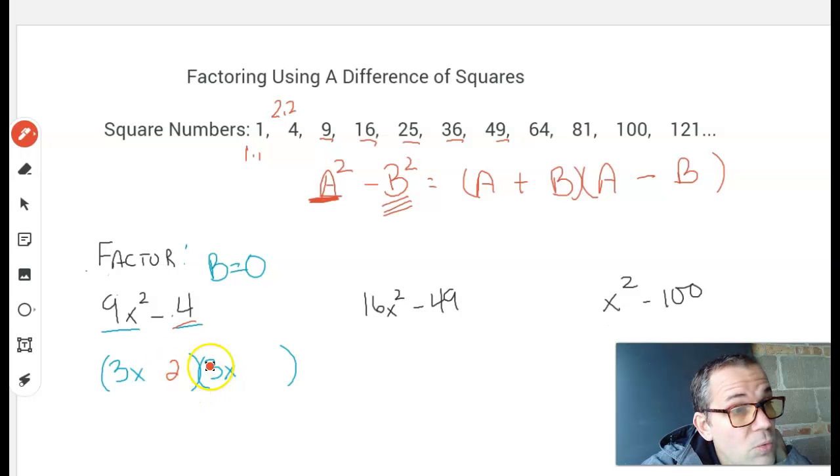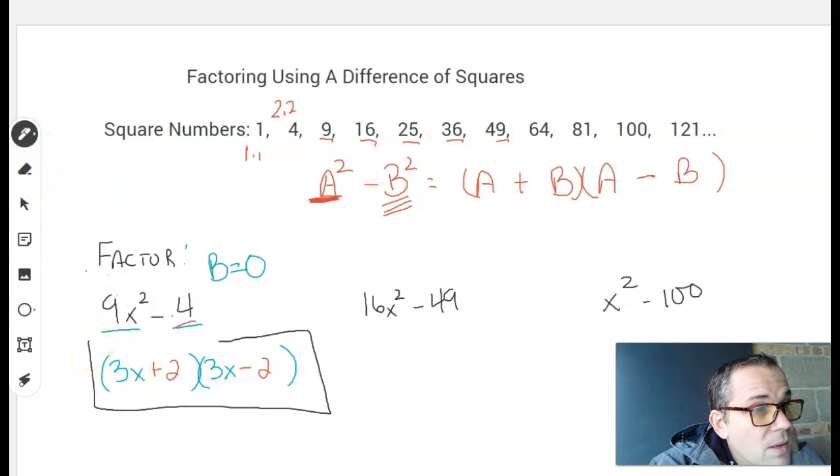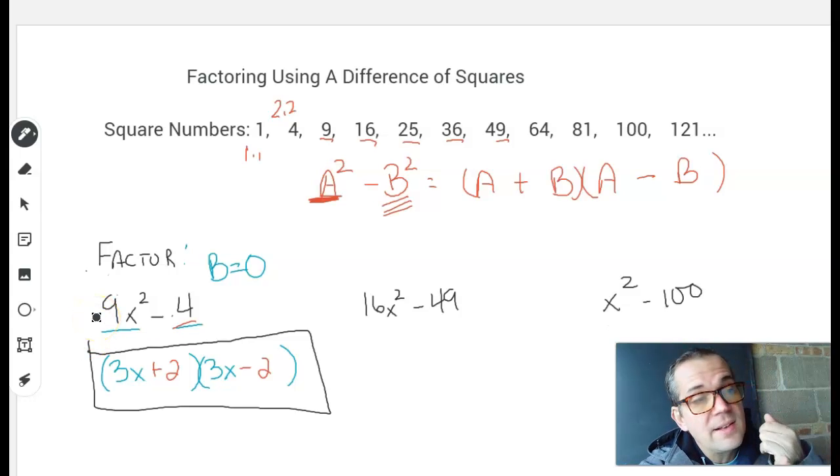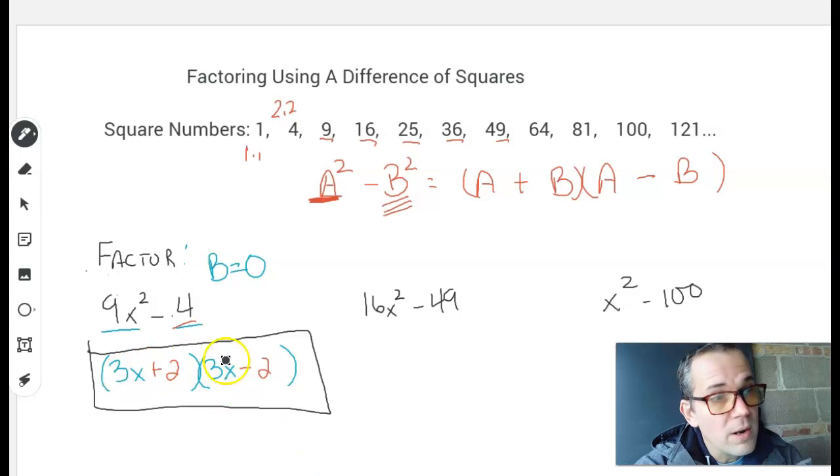And that'd be 2 and 2. And then one's plussed and one's minused. And you'll notice that if you are good at foiling things out, you'll get a 9x squared, and you'll get a 6x and a negative 6x, and they'll cancel. So there'll be no x term, and you'll get a negative 4. So it'll work. This will multiply back out to give me this.